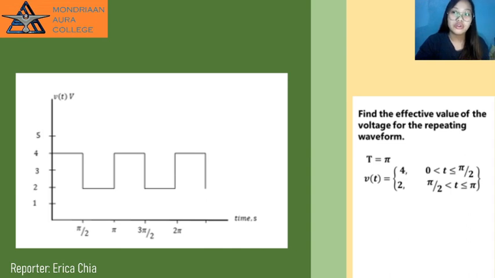And we should also notice that we have a piecewise linear function, v of t, with a value of 4 between 0 and pi over 2, and 2 between pi over 2 and pi. So, ibig niya sabihin, sa unang half wave na to, meron siyang value of 4 between 0 and pi over 2. And sa pangalawa namang half wave, meron siyang value of 2 between pi over 2 and pi.